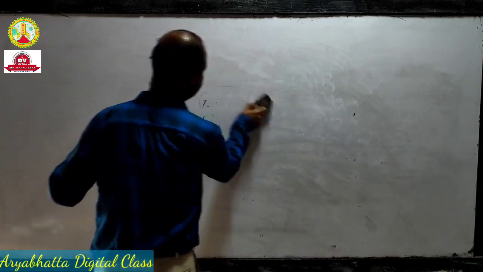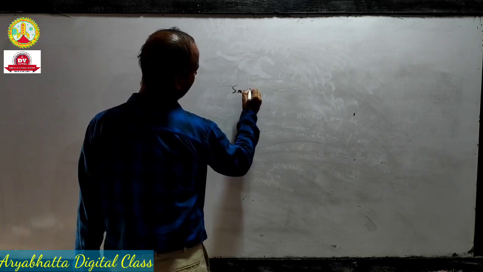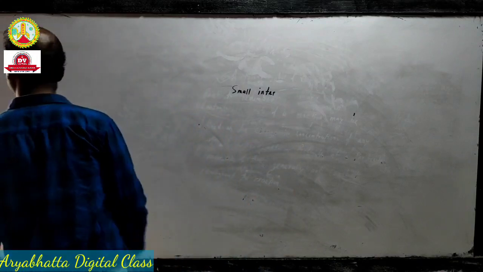Now, to express the instantaneous rate, generally a small interval of time is chosen. Let's say a small interval, I will write it down.